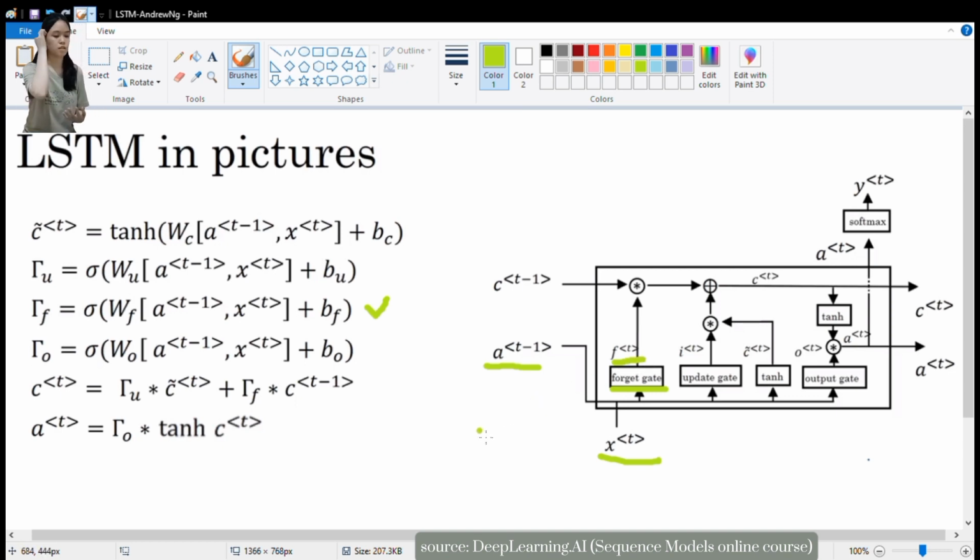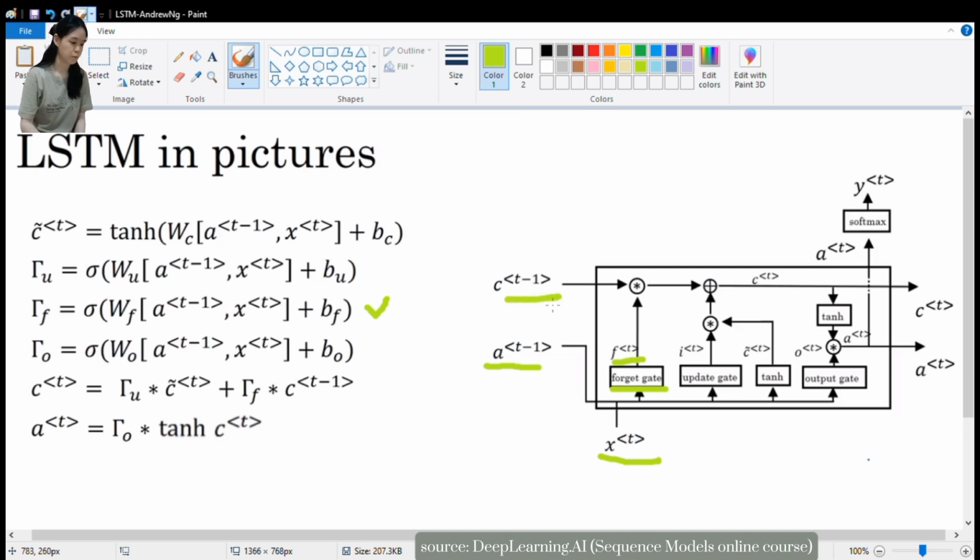The forget constant tells us how much of the memory cell from the previous time step you want to forget, or, well, you can think of it too as how much of the memory cell from the previous time step you want to retain.